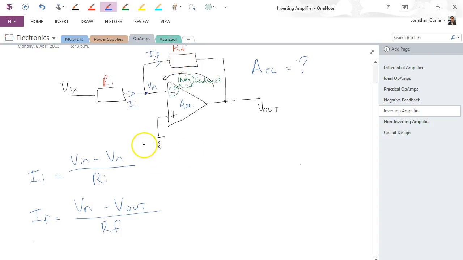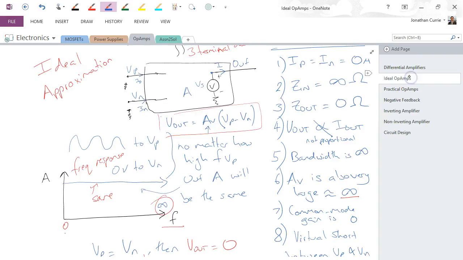From Kirchhoff's current law, we know that the total current entering this node must be the sum of all the currents exiting it. So we know that II will be equal to IF plus IN. Now, from the ideal approximations we saw in an earlier video, IN is equal to 0 amps, so there's actually no current flow there.